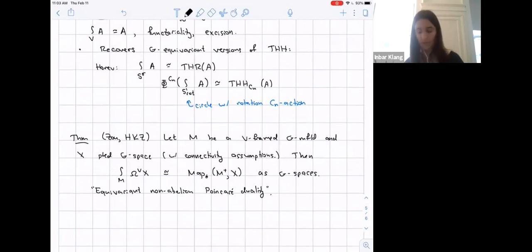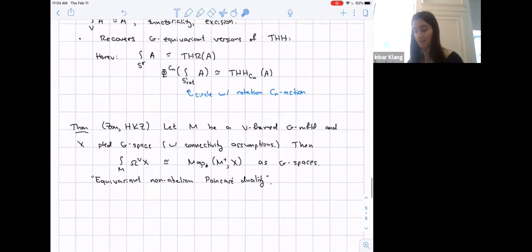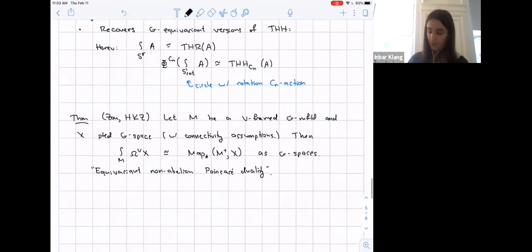All right, so maybe there's a couple of things to explain about this theorem. One of them is what V-framed means and what kinds of examples fall under that umbrella. And the other one is, why is this a Poincare duality type of theorem? So here's what V-framed manifolds are.